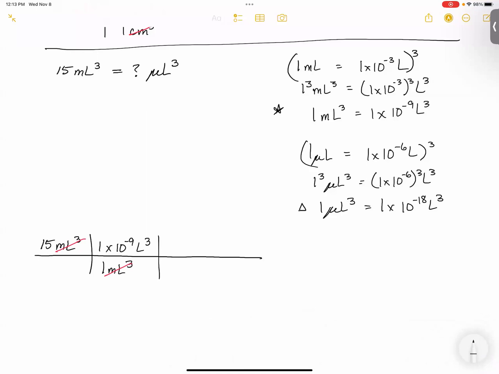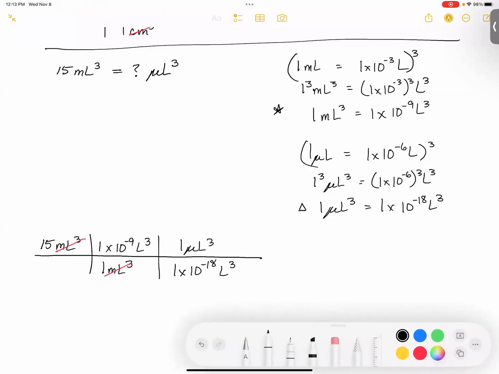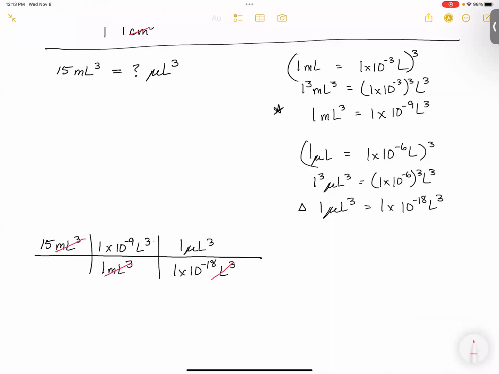Then I'm going to use the second one to get into microliters. The liter cubed portion is going to go into the denominator with the microliters going into the numerator. The liter portion had to go in the denominator so that the unit would cancel, leaving microliters cubed.